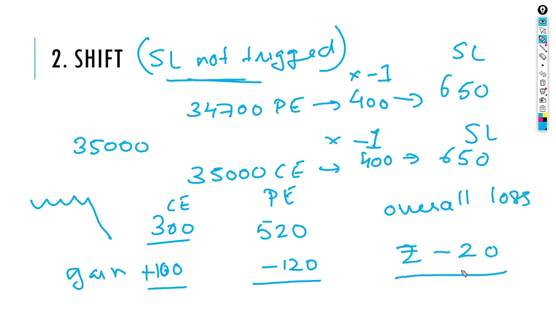So now how are you going to adjust this position? This is when you do something called a shift. You can see that your stop loss is not yet triggered, but there is a huge imbalance in premium. One is at 300, one is at 520. That is what you are going to adjust now. So I'm just going to clear this and we are going to come back from there.